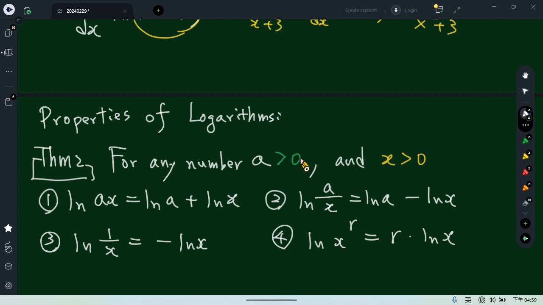In the past, maybe you just learned logarithm. So you just try to replace ln with log, using 10 as a base, then you can get a result, right? But in our class, we will introduce ln first.